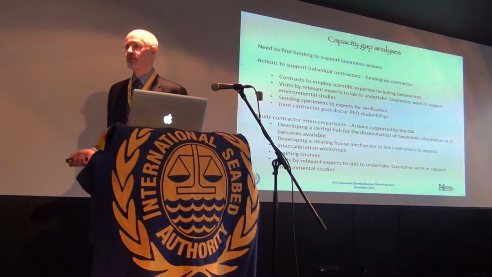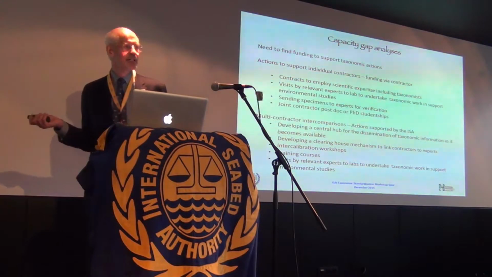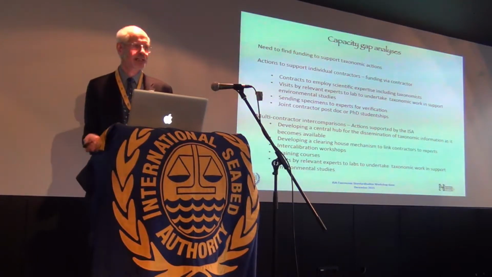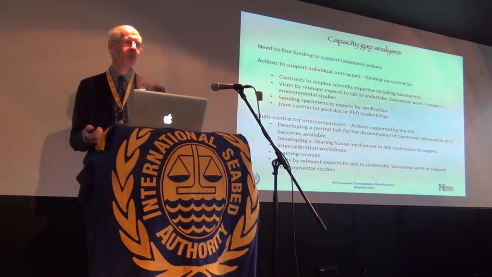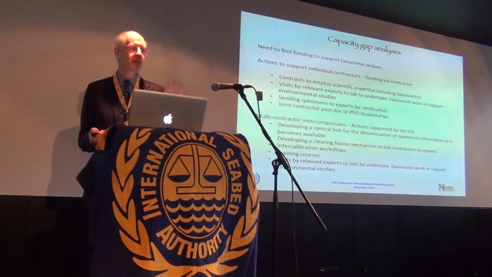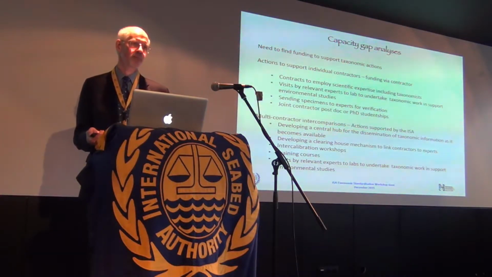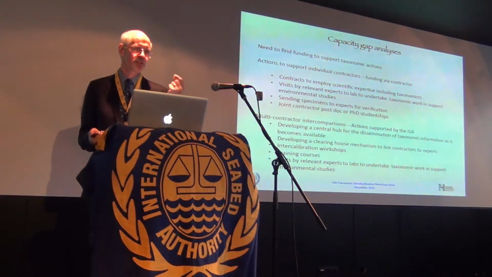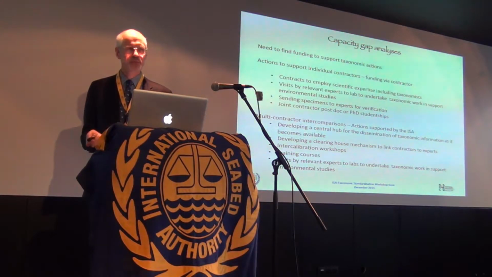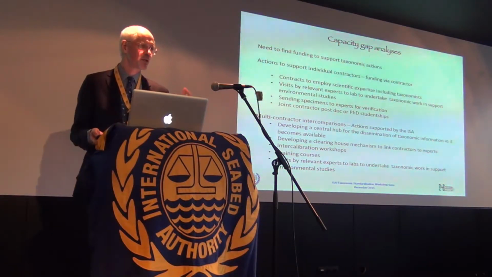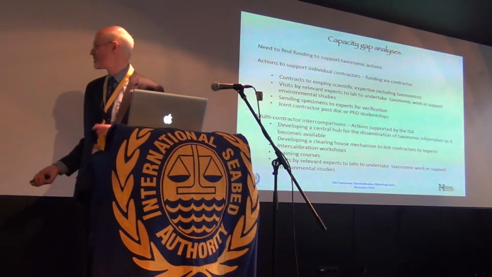Intercalibration workshops. You get people who have data, who have specimens, who want to get together to solve a particular problem. You get the experts into the room. At the end, what you get is not just the usual report, you actually get taxonomic papers that are put onto the scientific literature and made available. Problems are solved, and the solutions are made available after the workshops.